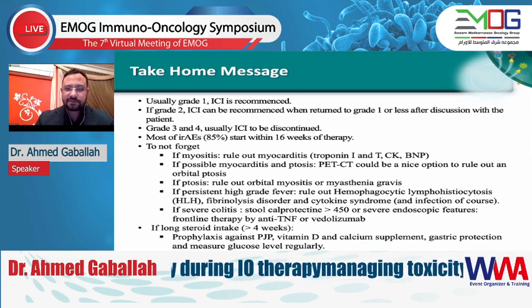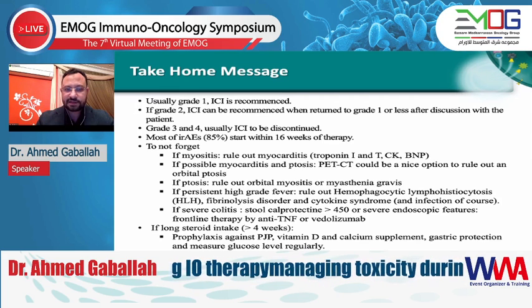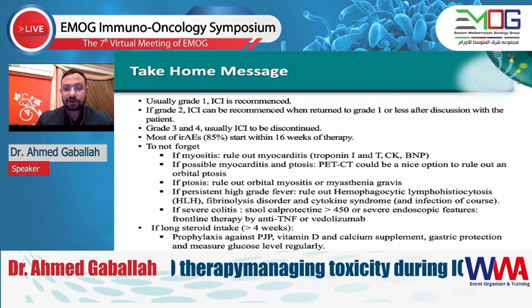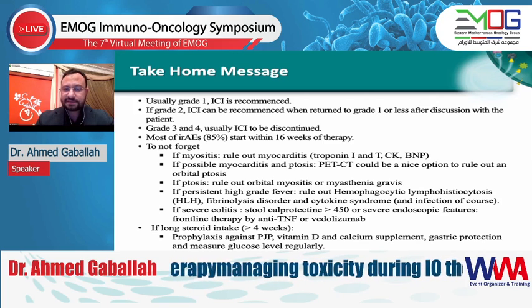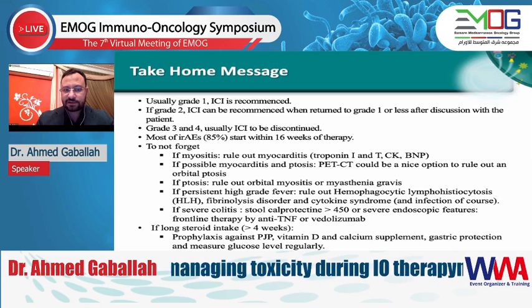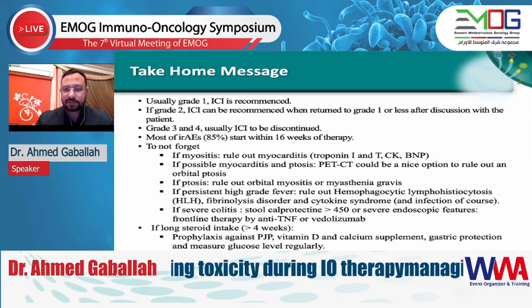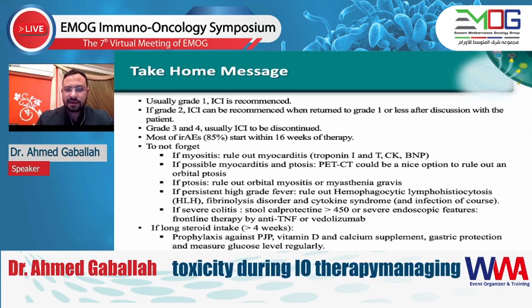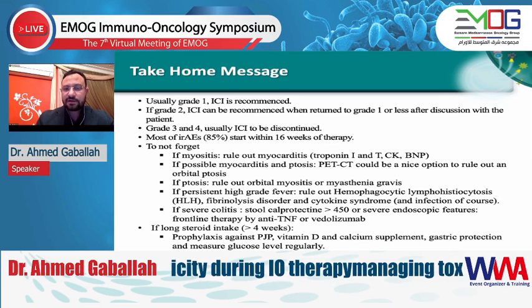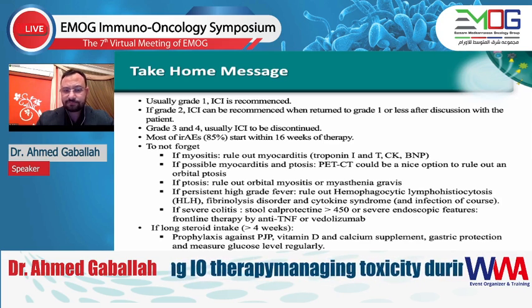Don't forget, if the patient has myositis, you should also rule out myocarditis with cardiac enzymes. If the patient has myocarditis and ptosis, a PET CT scan should be done to rule out orbital myositis. If ptosis occurs, we should rule out orbital myositis and myasthenia gravis. If persistent high-grade fever, we should rule out infection, fibrinolysis syndrome, and cytokine syndrome.